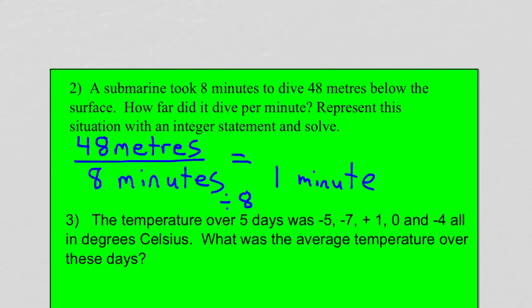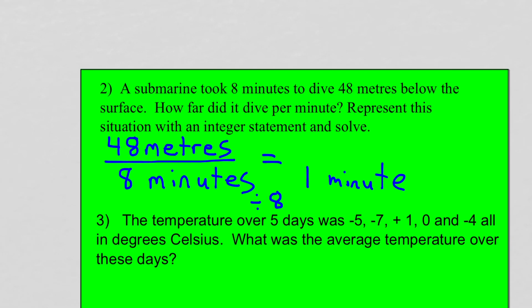Now, since this is a dive going down, to make it clear that we're dealing with a negative integer, I might call that 48, negative 48. So I would do negative 48 divided by 8, and that would give me negative 6 meters per minute.